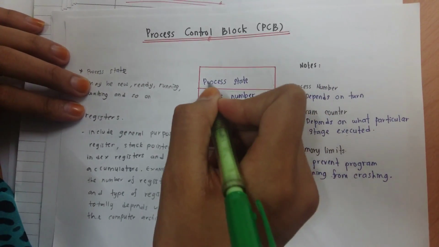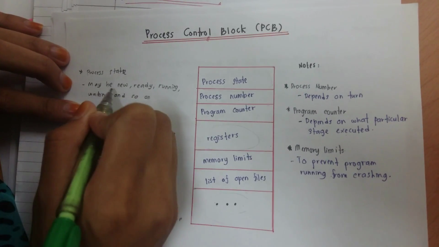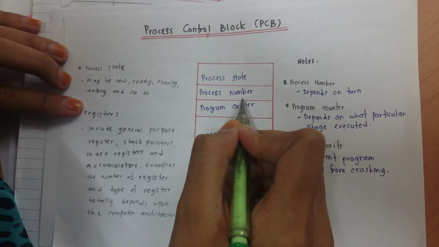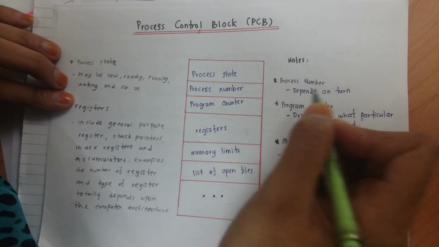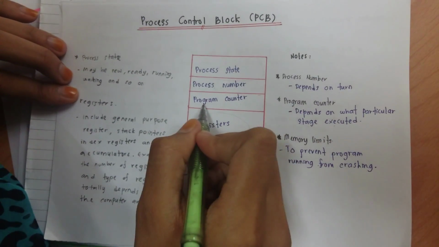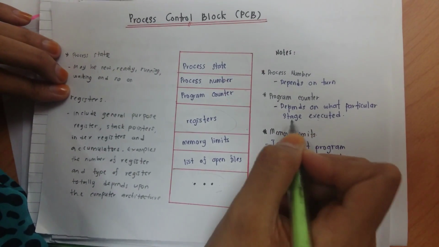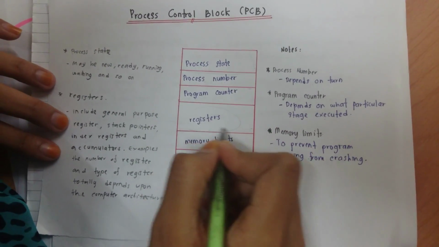In the first, process state. Process state may be new, ready, running, waiting and so on. Process number, the second one, which depends on turns. And the third, program counter. Program counter depends on what particular stage is executing. The fourth, register.